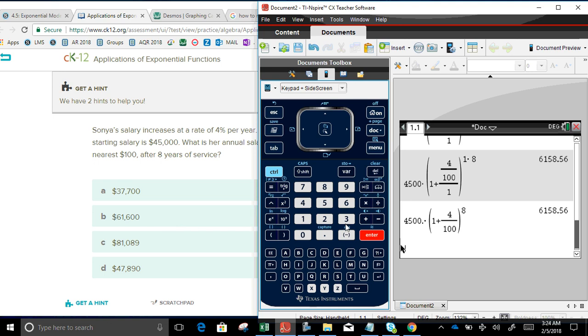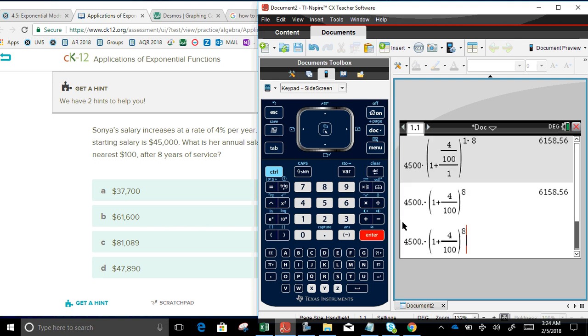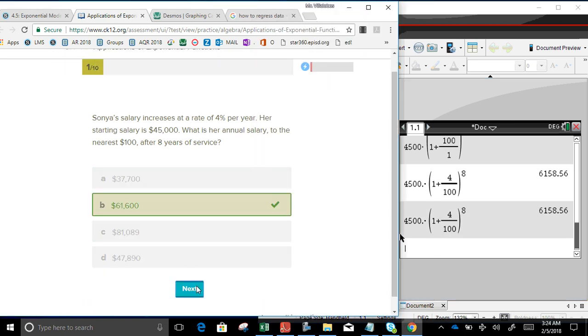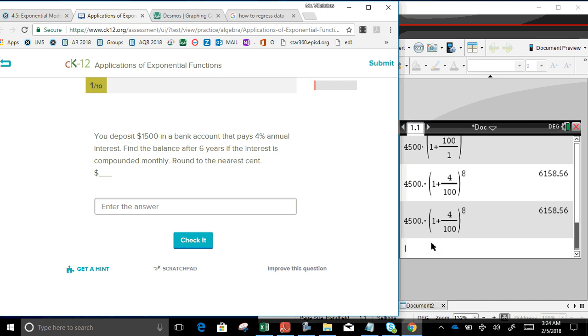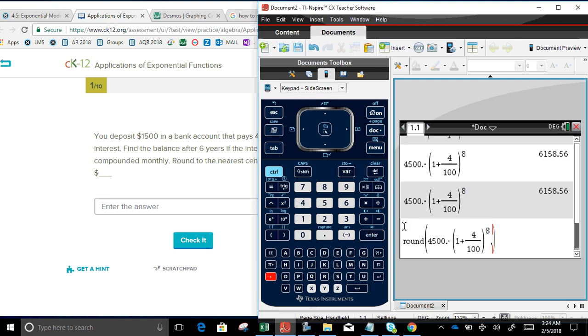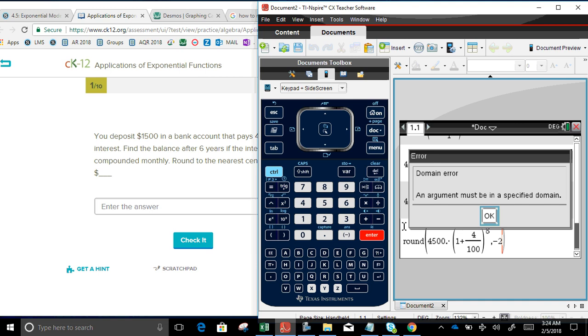Well, there's something missing. I think I forgot. It's 45,000. So in any case, to get the machine to do it for you, I wonder if I could ask the machine to do it for me. Negative 2, would that work?